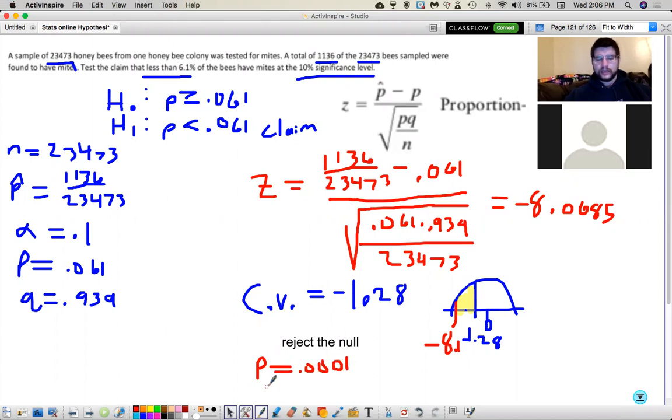And if we use the TI, it's actually even much more ridiculously small. It's 0. So either way, these are both really tiny. P is going to be less than alpha. So we reject the null.